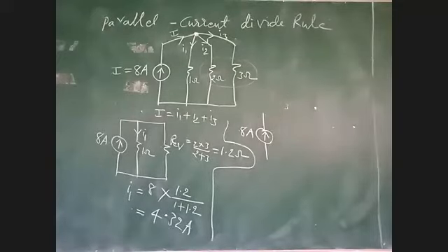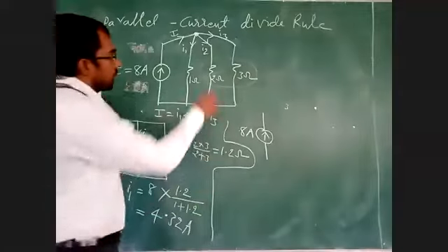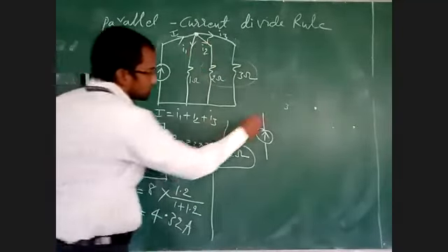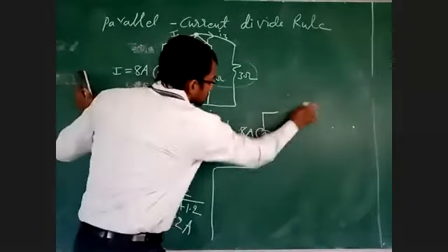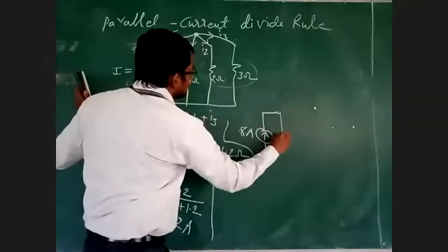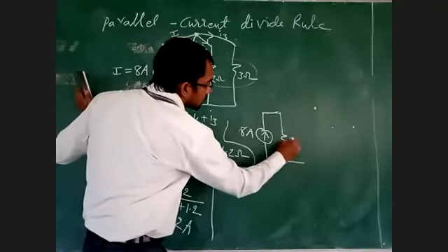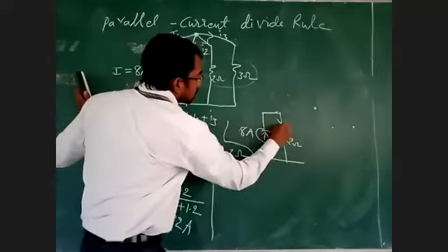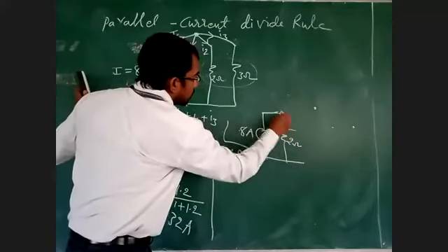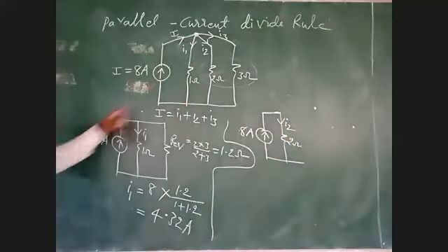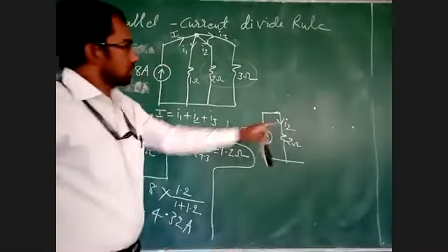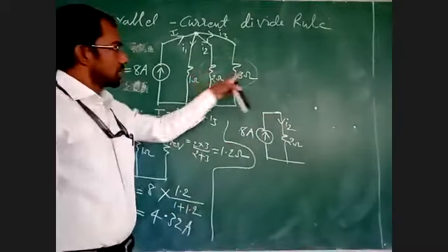Now see here, I am taking 8 ampere and this I2 branch I am not disturbing. This 1 and 3 are in parallel.